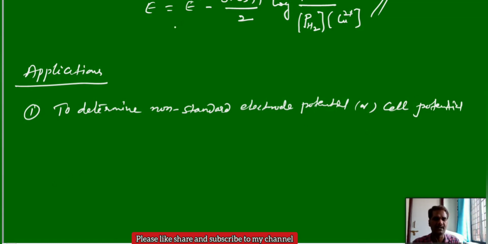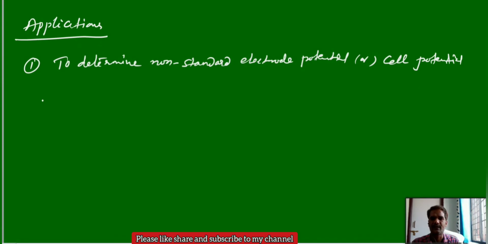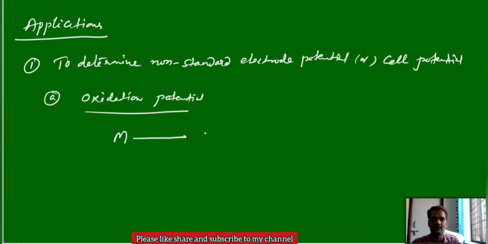Cell potential means the previous examples, and electrode potential means a single electrode or half-cell reaction. If I take one oxidation reaction, oxidation potential, here you can take one metal, and it is giving some n electrons.